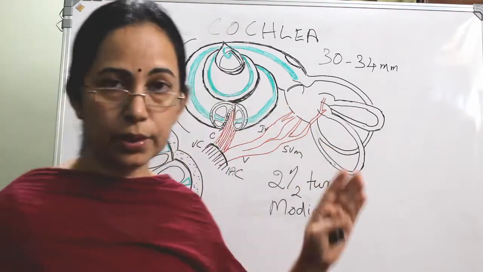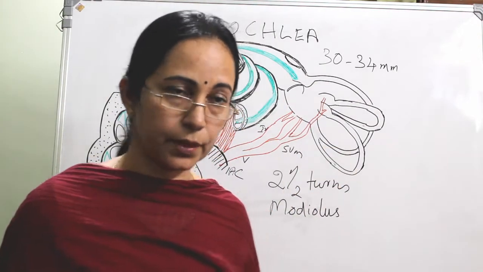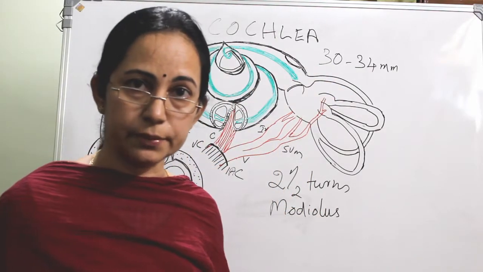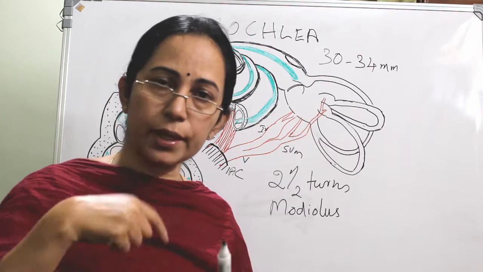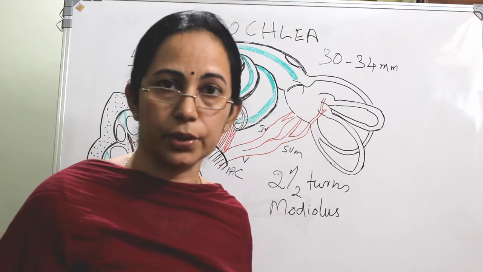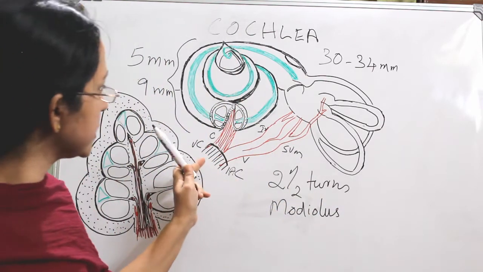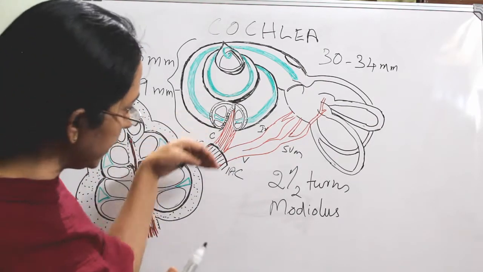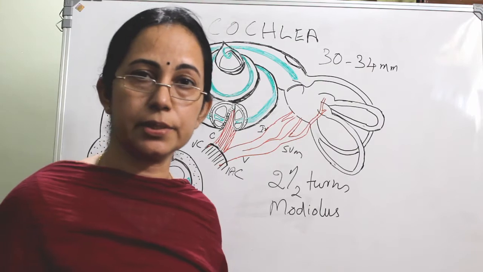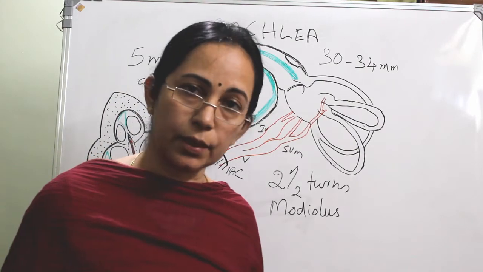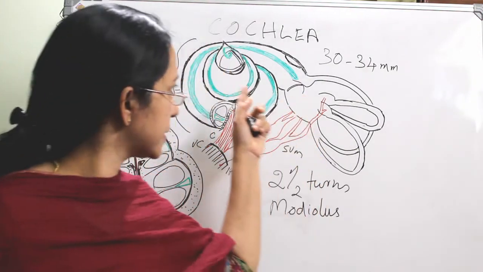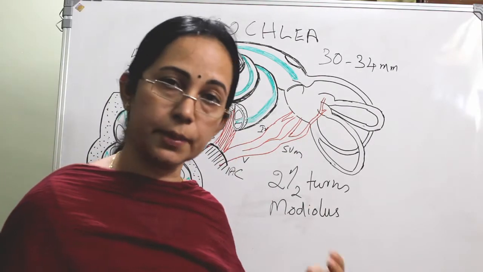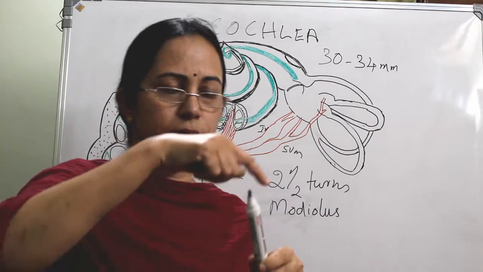So this cochlea is a coiled tube, with a length of around 30 to 34 millimeters. It is wound around the central Modiolus, and this Modiolus is for the passage of the cochlear nerve. So the medial end of the Modiolus is towards the internal acoustic meatus, and the apex or lateral end is pointing towards the medial wall of the middle ear, right?